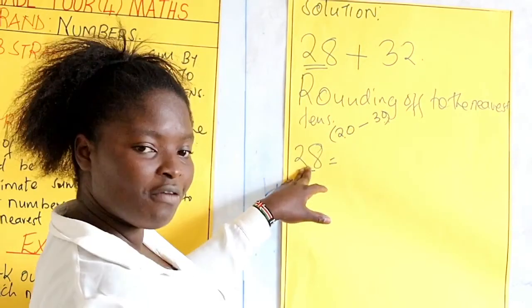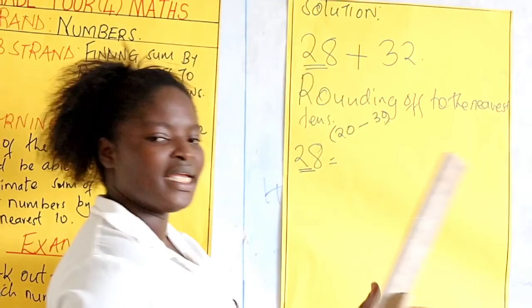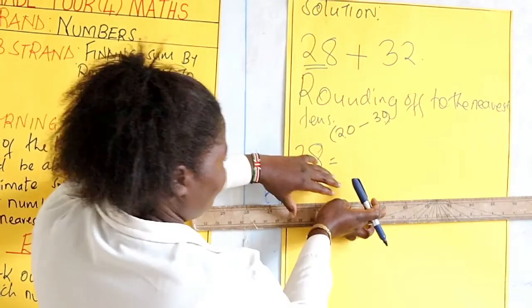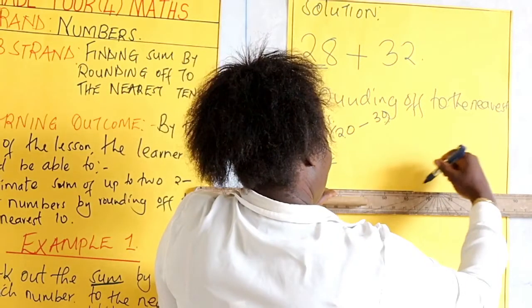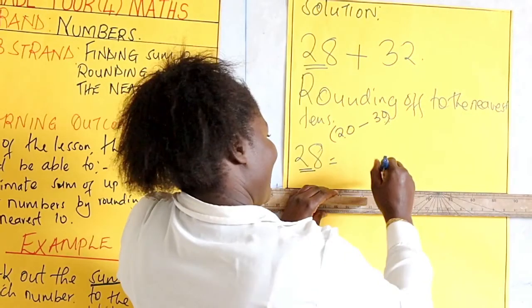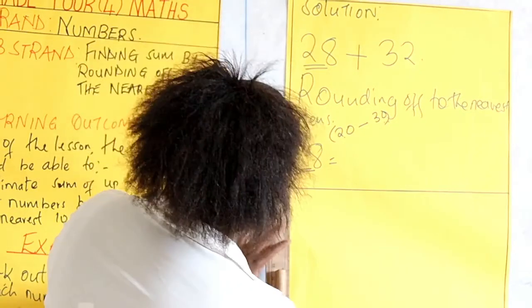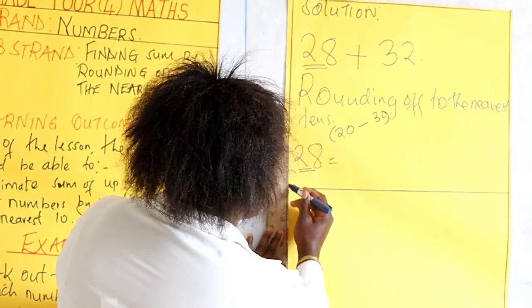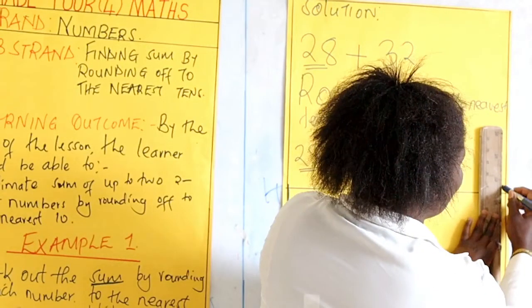Now, to round off 28 to the nearest tens, we are going to draw a number line. This is our number line. And remember to use a ruler. So our number line is going to start from number 20 to 30.